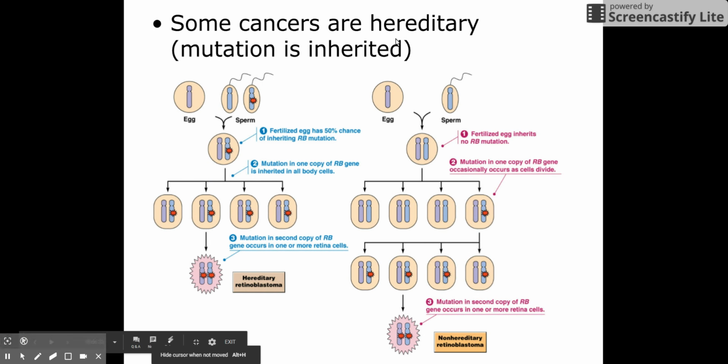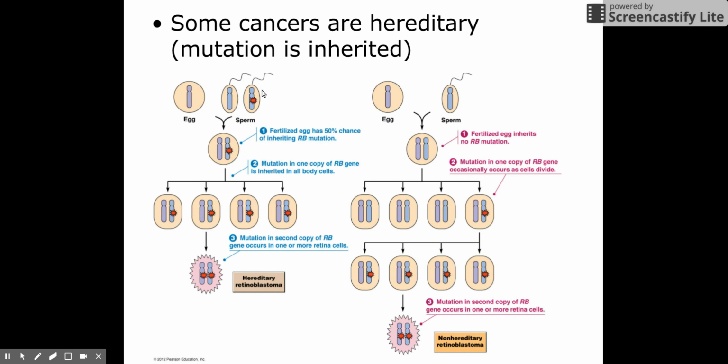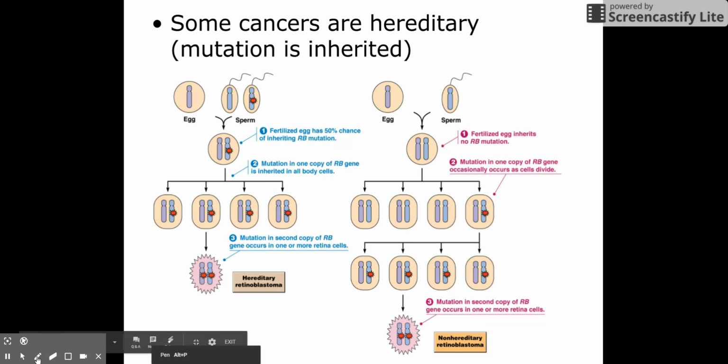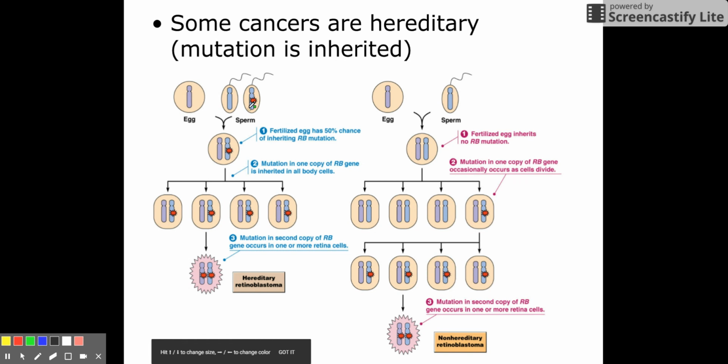Now, some cancers are said to be hereditary, meaning that you may have a mutation in a cell cycle regulation gene, either an oncogene or a tumor suppressor gene, that you inherit, meaning it's contained in the chromosome set that you received from your mom or your dad.